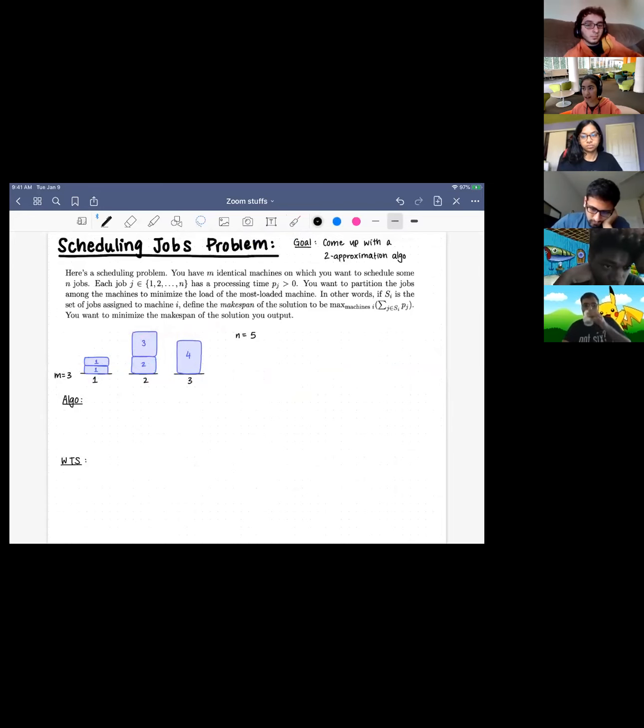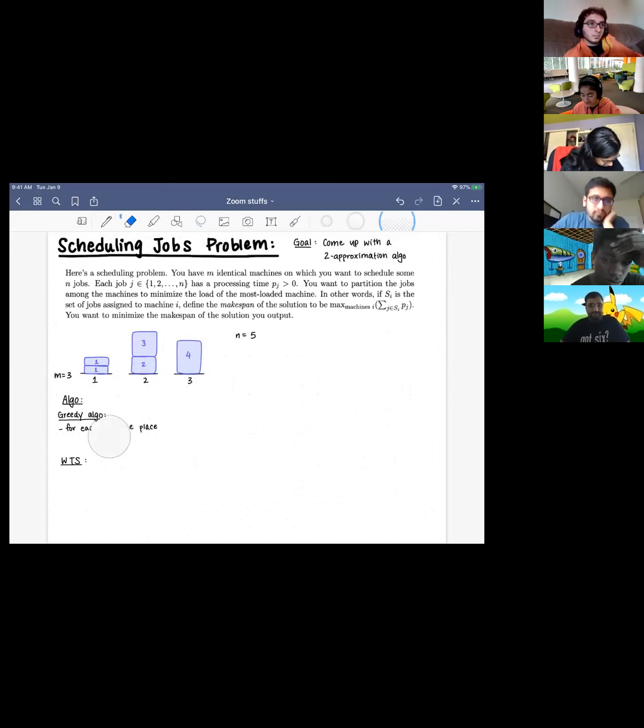So just to write down what our algo was, it's basically the greedy algorithm: for each job, place it in the machine that's already doing the least amount of work.